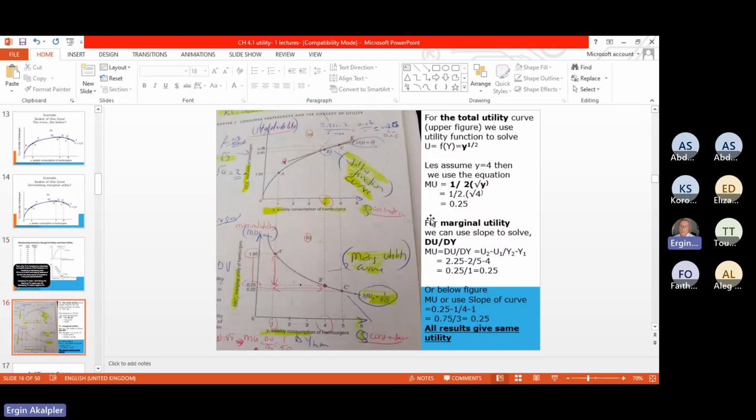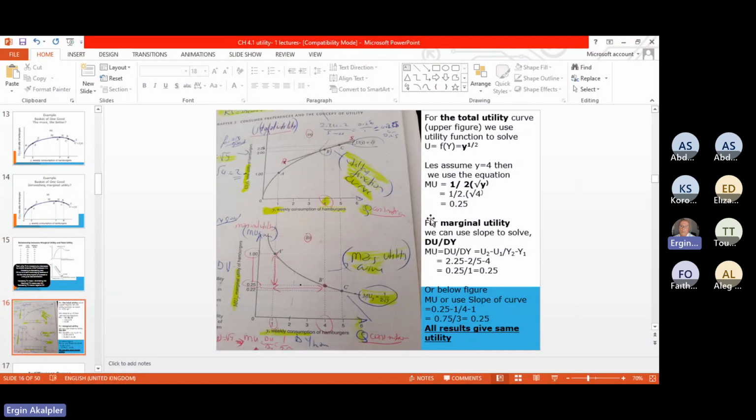Here the total utility curve is also given, and the example is very simply illustrated on the above curve. Sorry that I drew it like this very quickly, to help you understand. On the above curve, the utility function is given as mentioned, u = y squared, and the numbers are already given in the book, so we don't have to calculate.